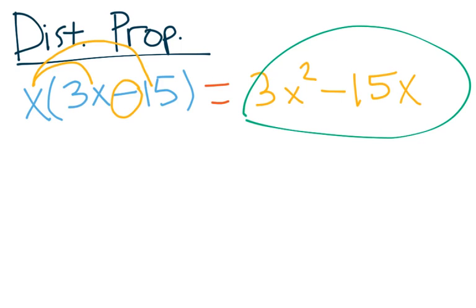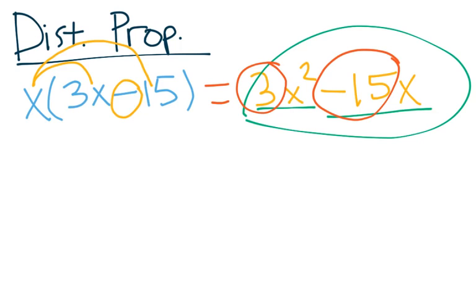I'm going to divide out that greatest common factor from each of these terms, from the 3x squared and from the negative 15x. So if I'm factoring that out, I have to think about what's the greatest common number, and also what's the greatest common variable between each of these terms. 3x squared is its own term, negative 15x is its own term. So how do I figure out what's common between the two?